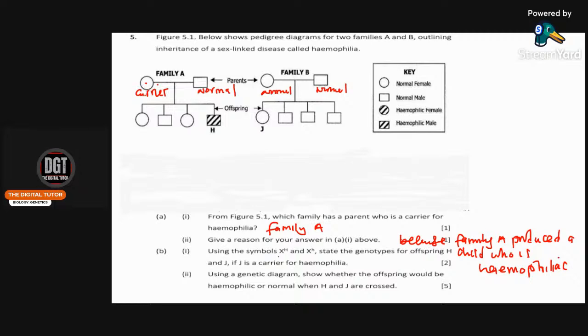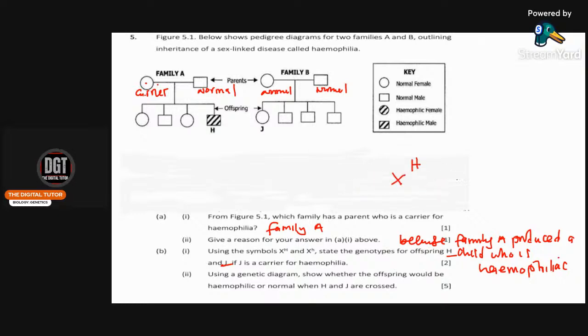Using the symbols X and X with superscript capital H and small h, state the genotype of offspring H and J. Now, X^H means normal.